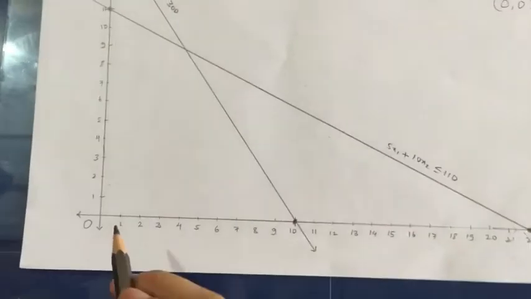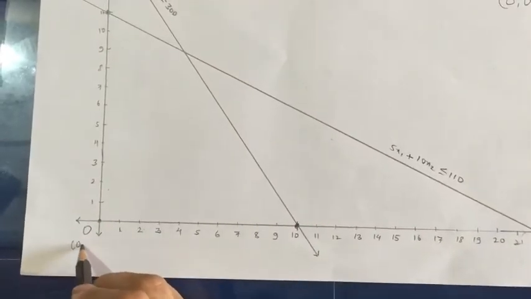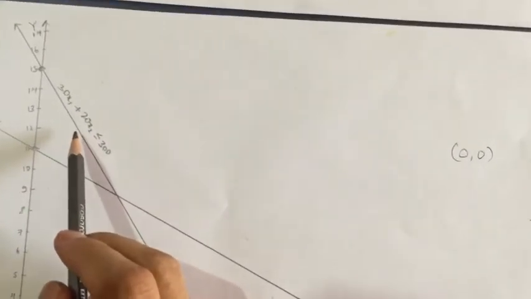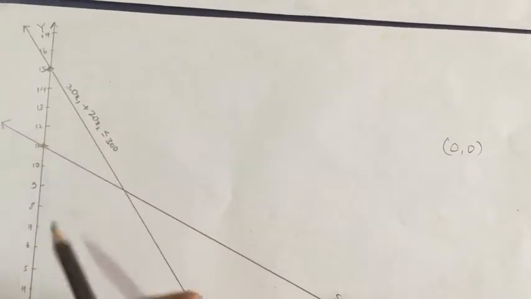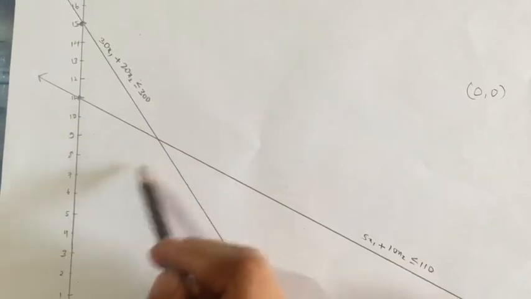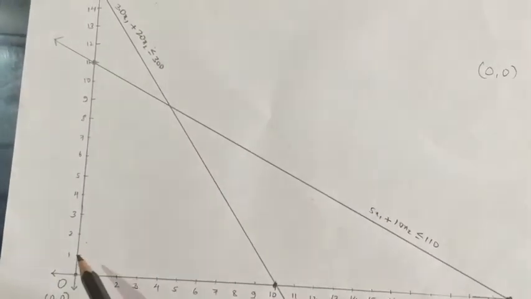So where is the origin? Here, this is the origin, with coordinates 0 comma 0. If this point satisfies this inequality, then surely the region will be this side, because the origin is on this side.